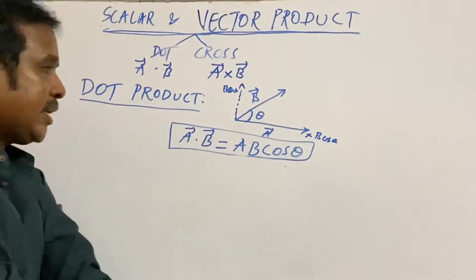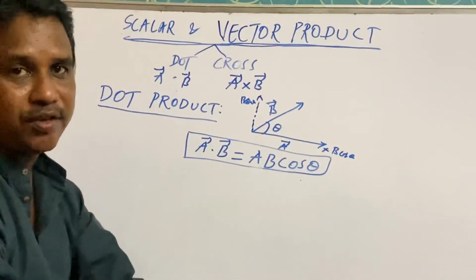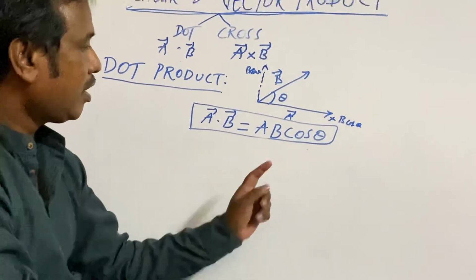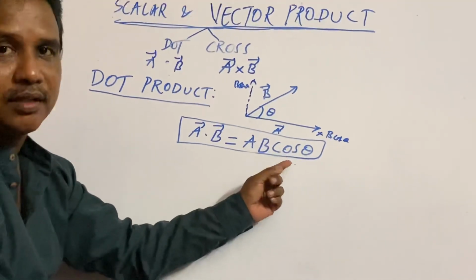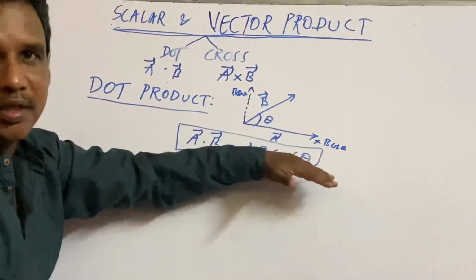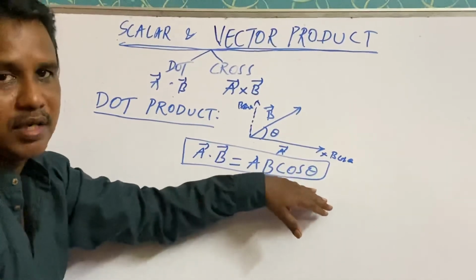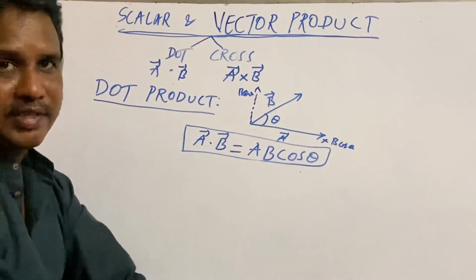Now, there are large important applications by using the dot product. Briefly, we will see. Now understand why we are writing the B component as B cos theta and not B sin theta. While resolving, the angle between these two is alpha equal to 0, so it will become AB cos theta. This is a very important thing. Now, the applications we will see.